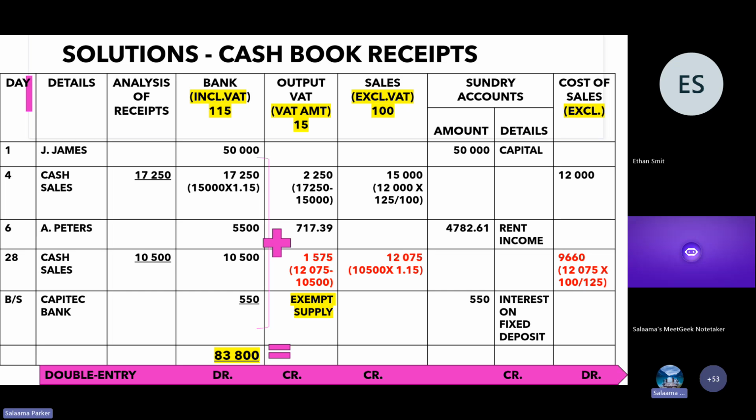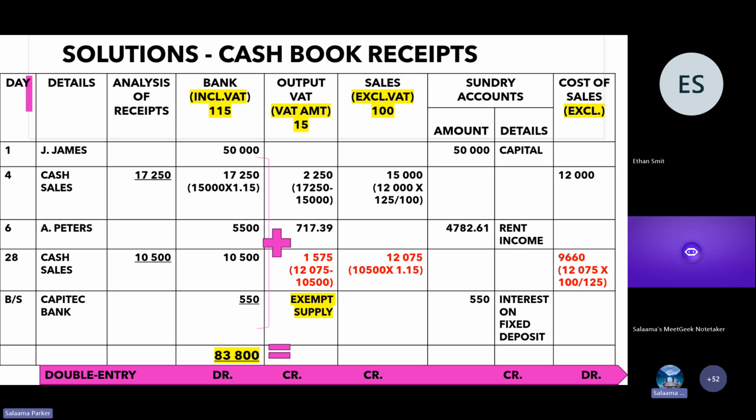Okay, Paran, thank you for being online. I see you've somehow sorted out your sound. I'm very happy for that. And then, of course, guys, again, please note to read the instructions, whether you need to round off to the nearest rand or to show your decimals.